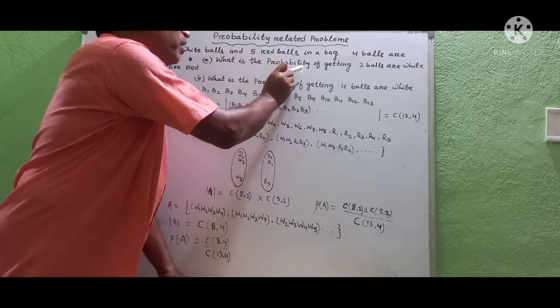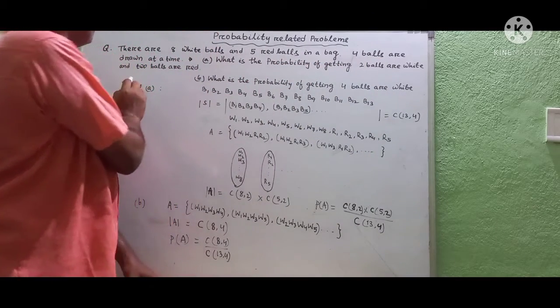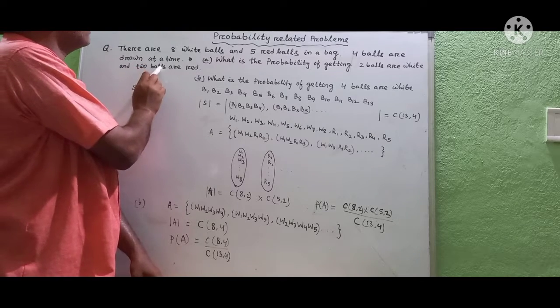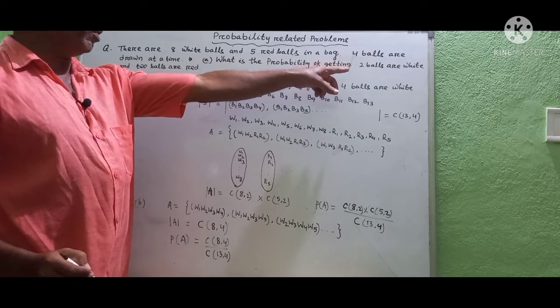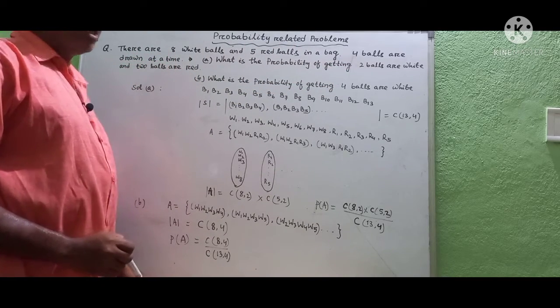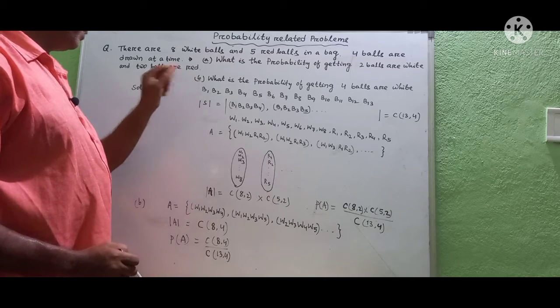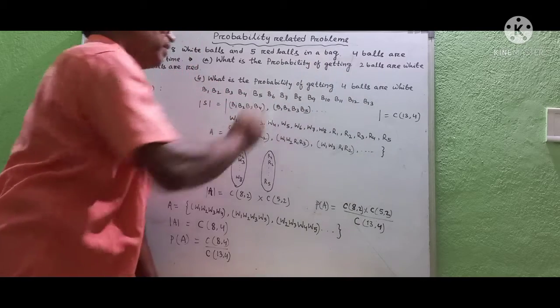What is the probability of getting 2 white balls and 2 red balls? That is the first question. And the second question is, what is the probability of getting 4 white balls?